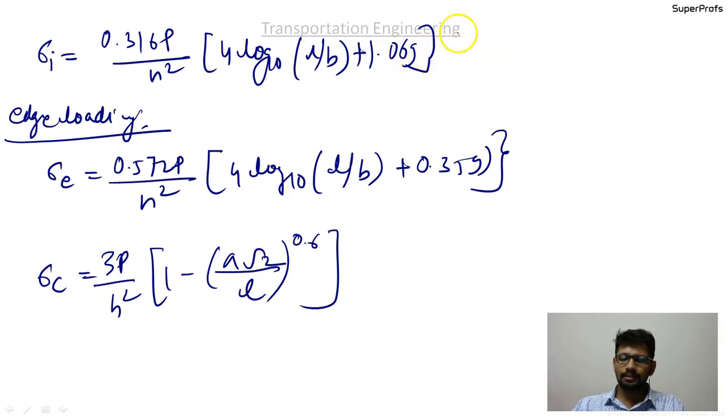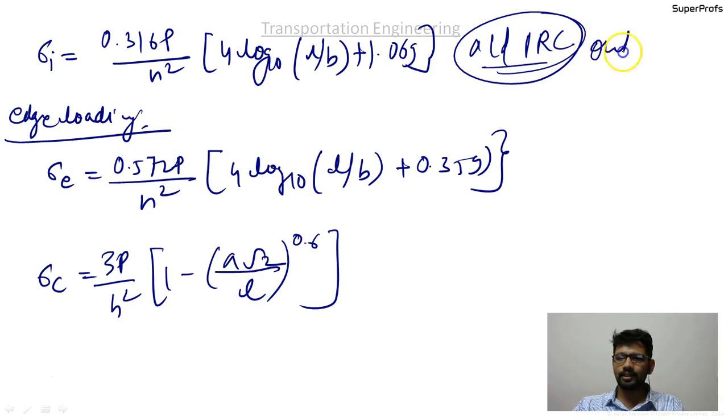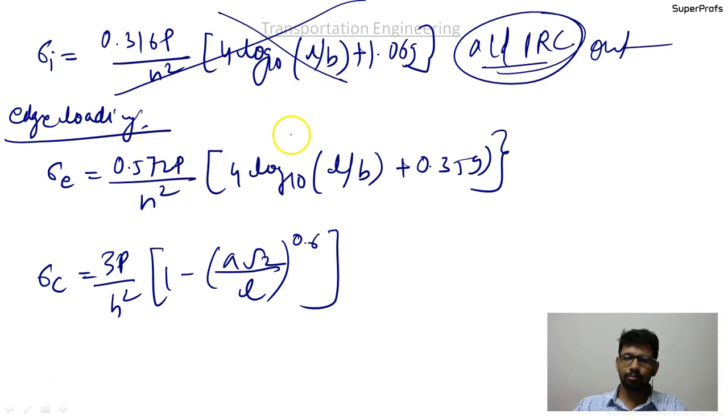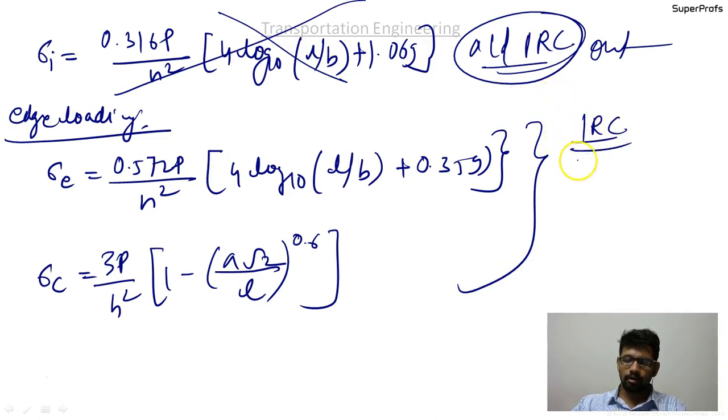But you see, guys, this was in the old IRC, and that is outdated. So you need not remember this formula, and it is such a lengthy equation, I don't know how to remember it. The current IRC discusses the formula for edge and corner loading only.